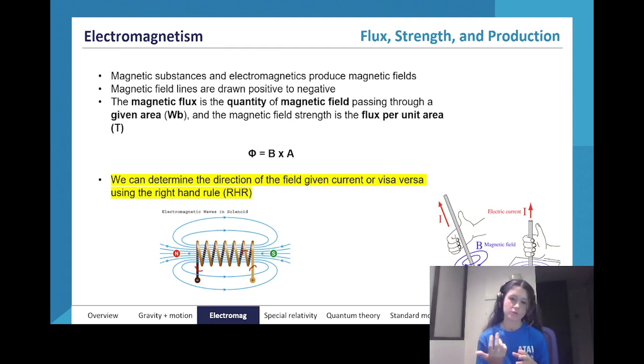Of course, you might remember from year 11 when we went over electric circuits that electric current is generated by moving electrons, moving from the negative terminal to the positive terminal. However, that is the actual current. The conventional current is the opposite of that, as I said before.